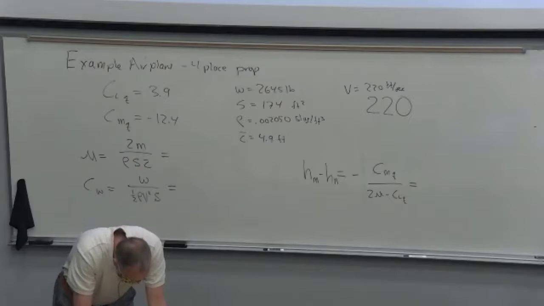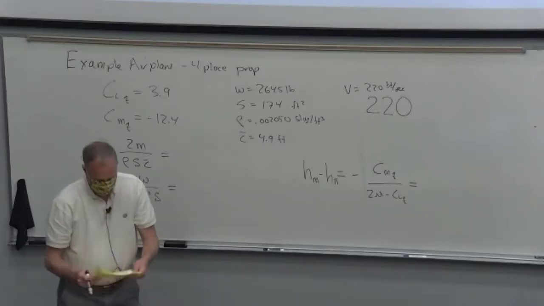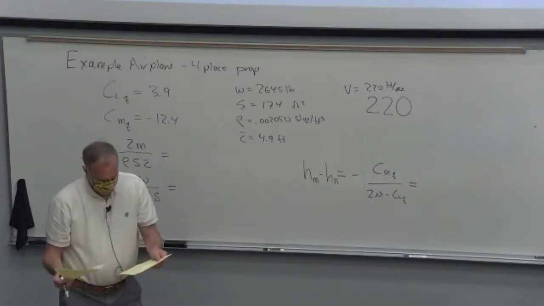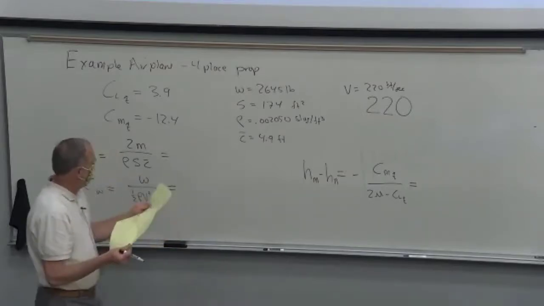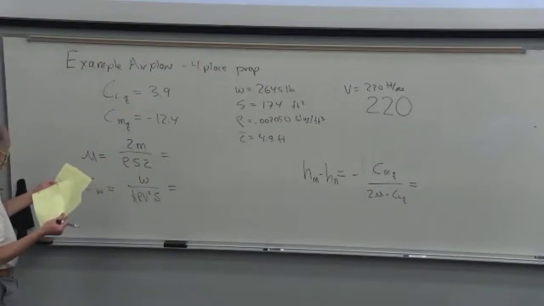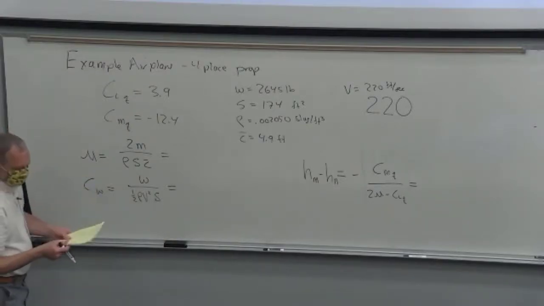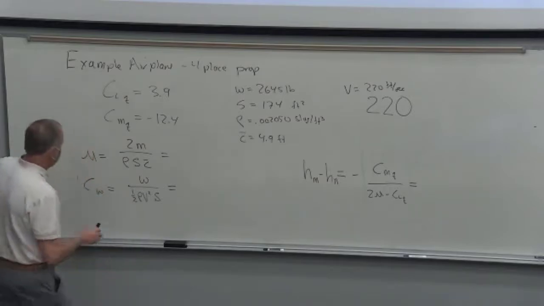What are you seeing in the book? Let me look. 2m over rho s c bar. Yeah, because that's how it's going to non-dimensionalize, right?